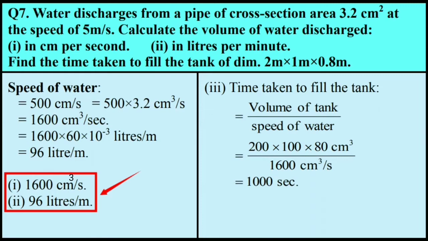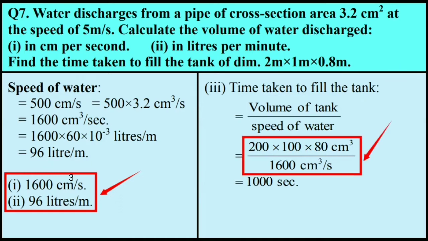The third part of the question is to find out the time taken to fill the tank of dimension 2 meter into 1 meter into 0.8 meter. And the expression is volume of the tank divided by speed of water.